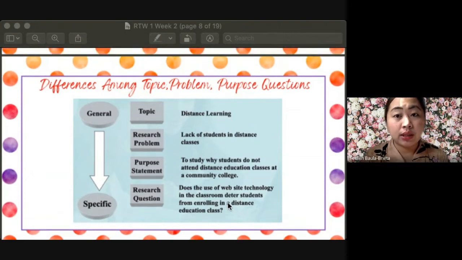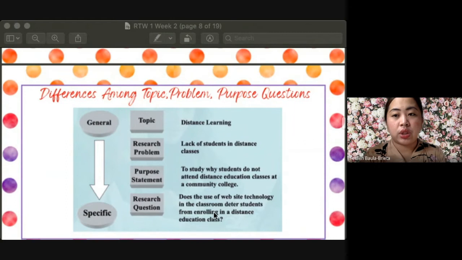So as you can see, from being too generic, from the general topic of distance learning, your specific problem is presented using your research question, which is now in interrogative statement, which is, does the use of website technology in the classroom deter students from enrolling in a distance education?